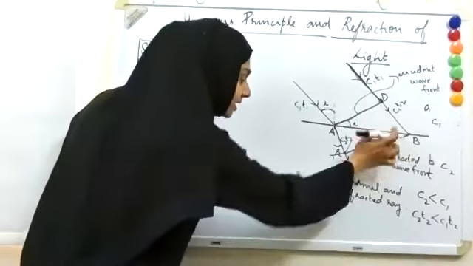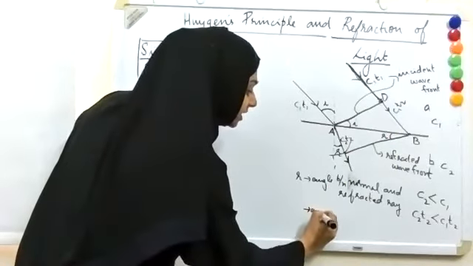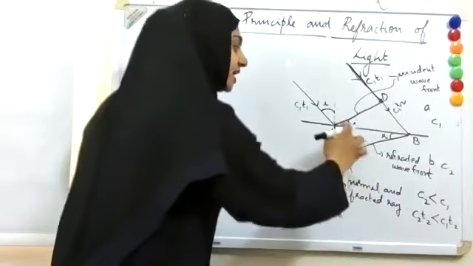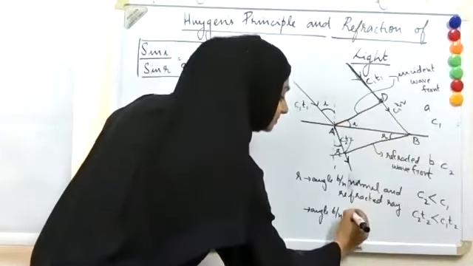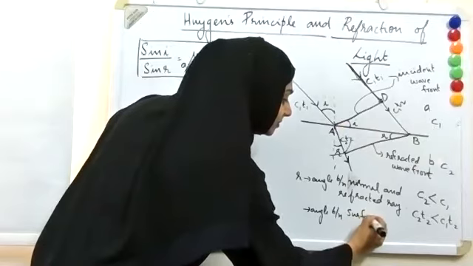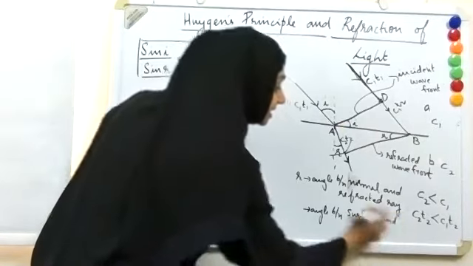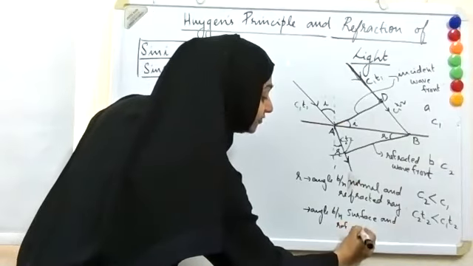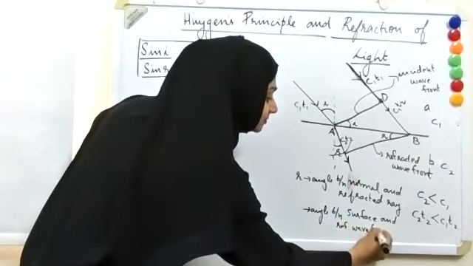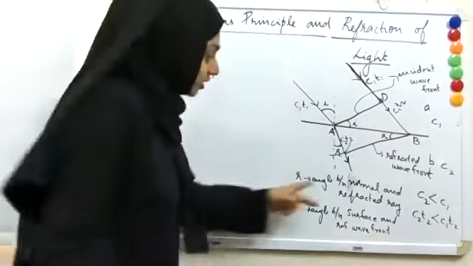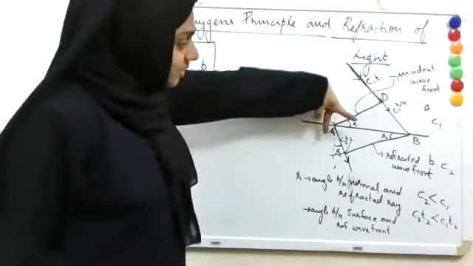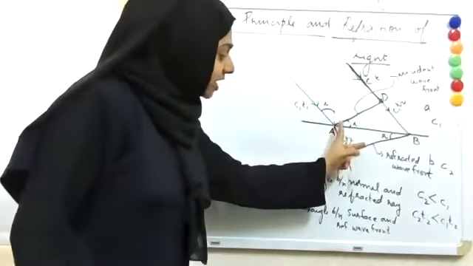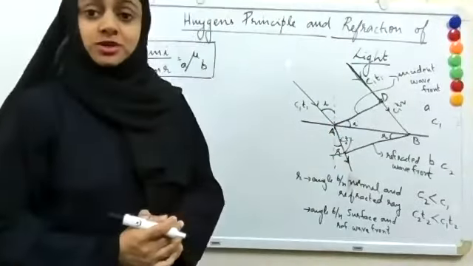Now I am marking here the angle between, instead of normal, I am taking surface. And instead of refracted ray, I am taking refracted wavefront. Normal and surface are perpendicular to each other. And refracted ray and refracted wavefront are perpendicular to each other.